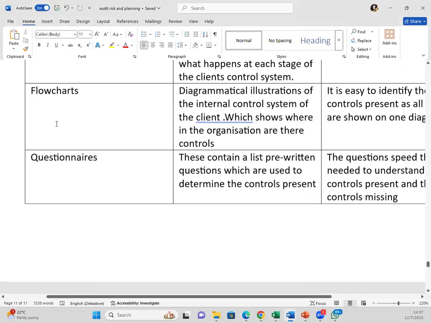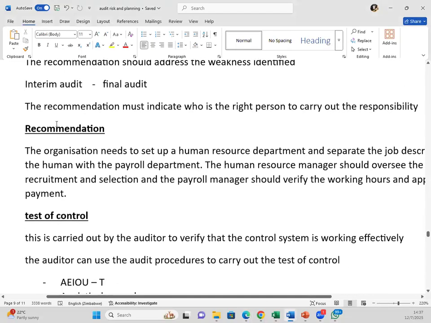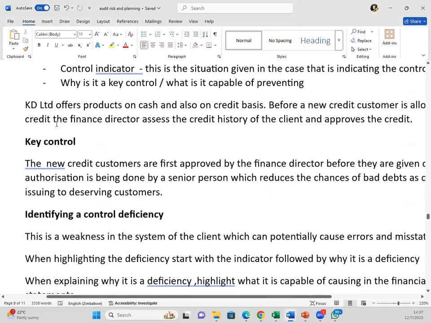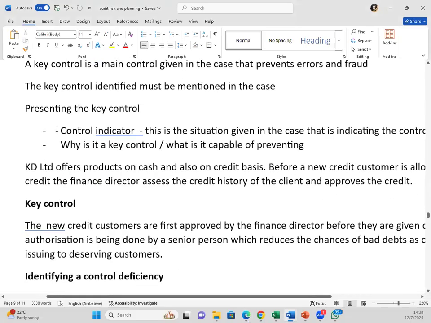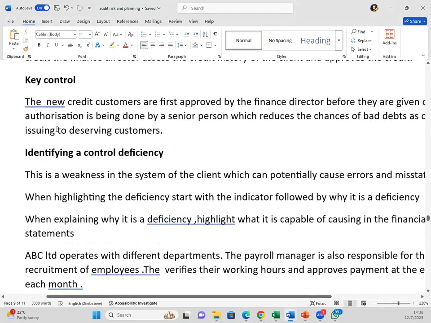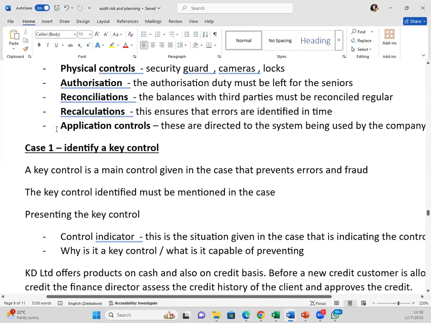So the key or direct controls are the ones we can place reliance on. If you're identifying a key control, you need to tell us why it's a key control. A key control is a main control given in the case that prevents errors and fault.